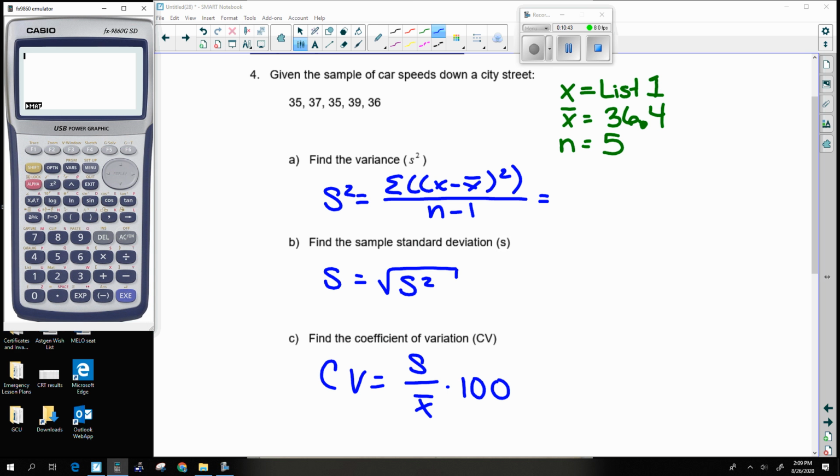So the very first one is going to be the sum. Open, X, which is list 1, minus X bar, which is 36.4, close, squared, close. So the numerator is 11.2. The denominator is n minus 1.